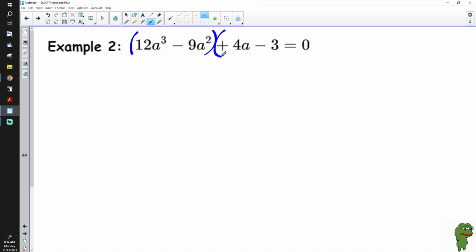Yep. Good. After you have created your groups, use your factor sheets to find your greatest common factor. Remember, these are done separately. Make sure you take out the variables, too. You should have it.